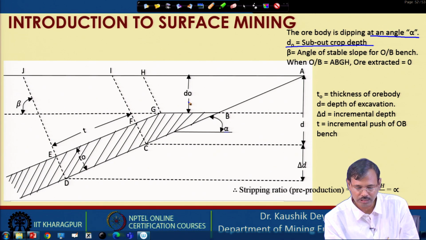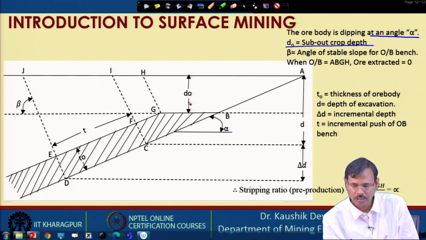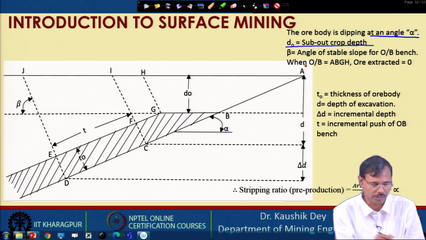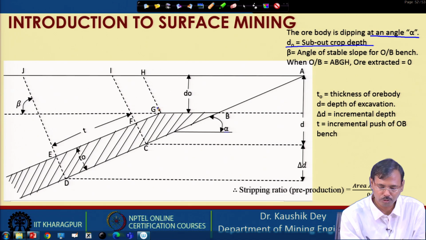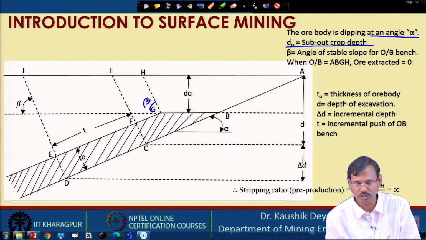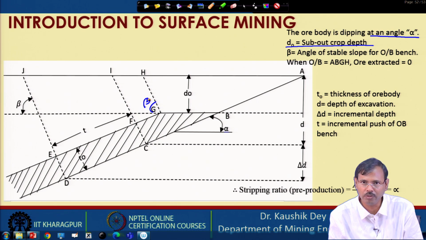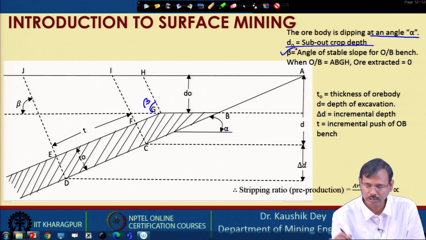So, d0 is the sub-outcrop depth, the ore body is dipping at an angle alpha, and beta is the angle of the stable slope bench. If you have a slope bench angle of beta, only then will your slope remain stable, otherwise it may fall. So, that is why beta is the stable slope angle.